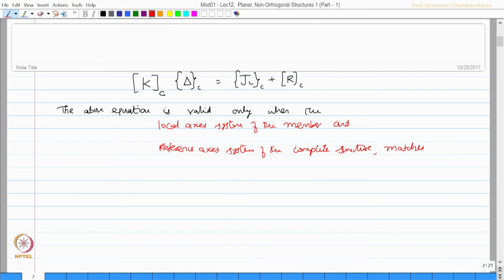If this matching happens, then one can establish K in terms of submatrices by dividing them and partitioning them, then solving them for delta u, then m I, as we have discussed in the previous examples.